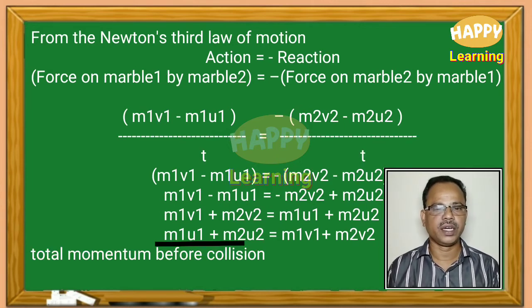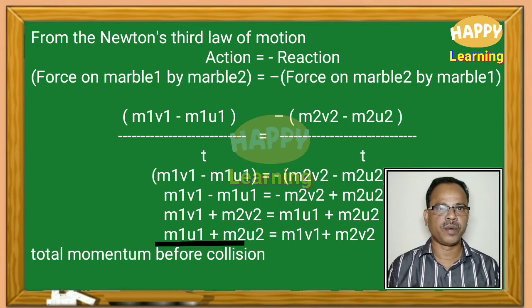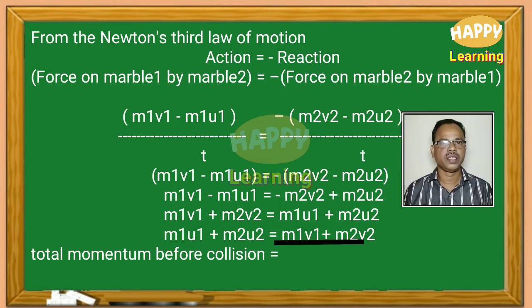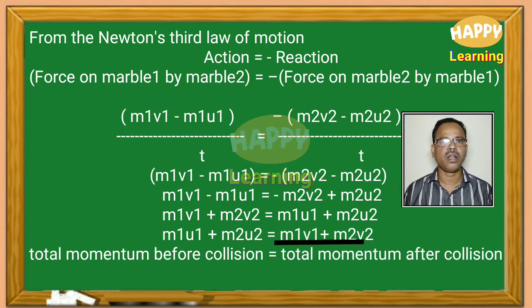So we can write total momentum before collision. Total means here there are two terms only, two bodies only: marble 1, marble 2. Momentum of marble 1 plus momentum of marble 2 means total momentum before collision is equal to, similarly on the RHS side, m1v1 plus m2v2, the total momentum after collision.